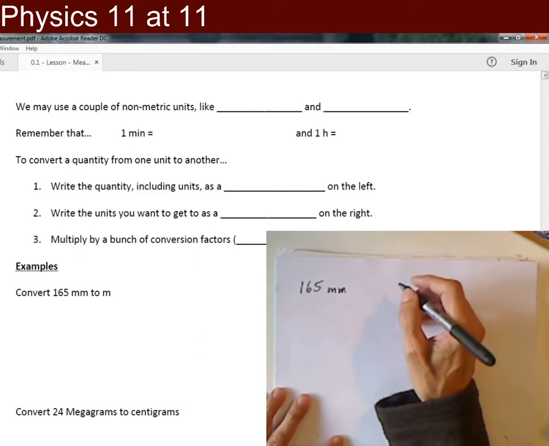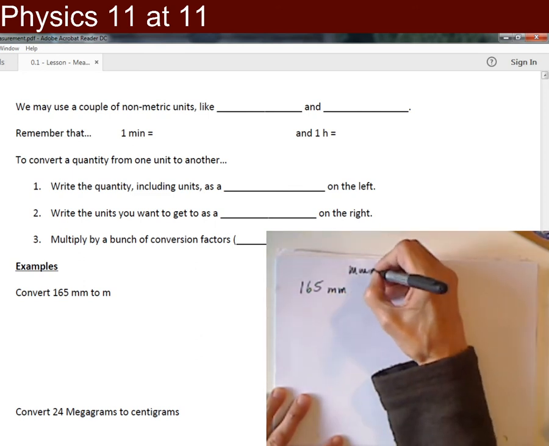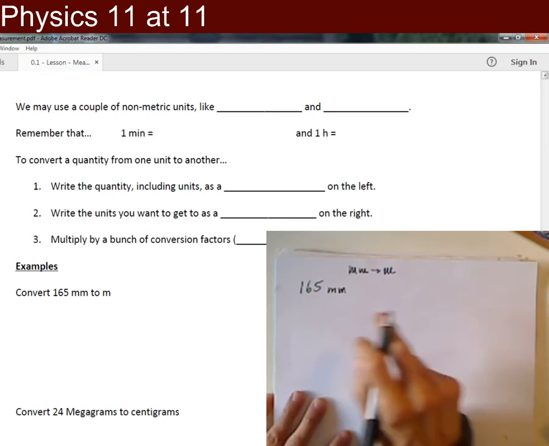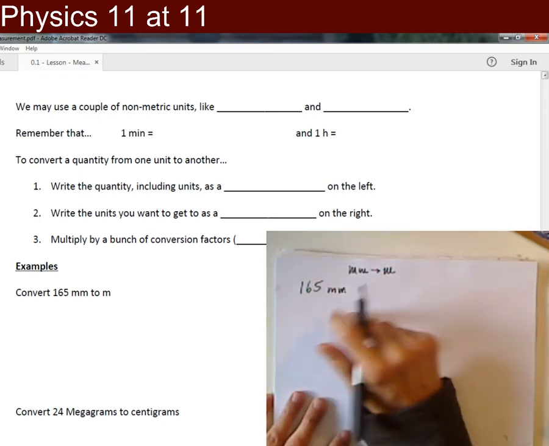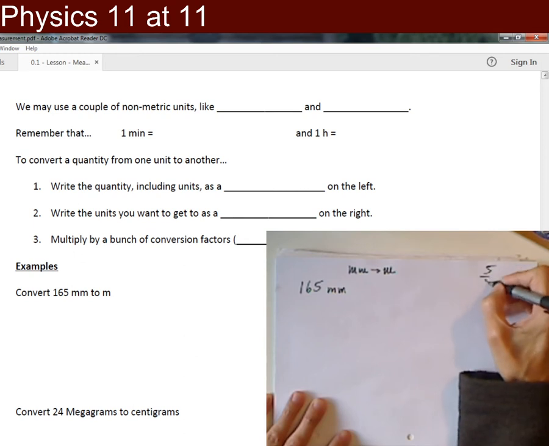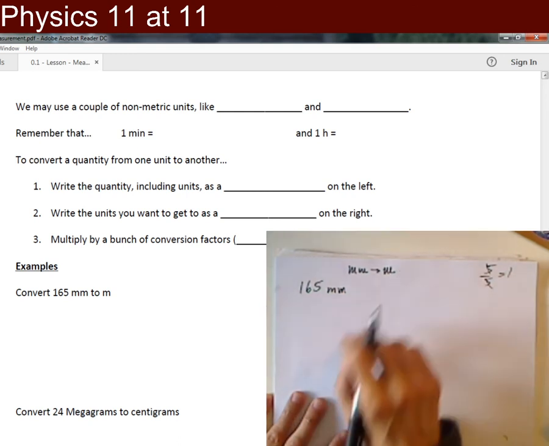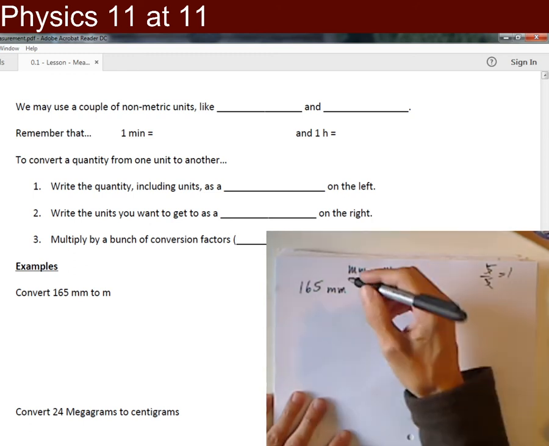This is what we have, millimeters. I want to convert it to meters. So we have to get rid of millimeters, which means we're going to use this trick. Millimeters on the top and on the bottom, make them disappear.